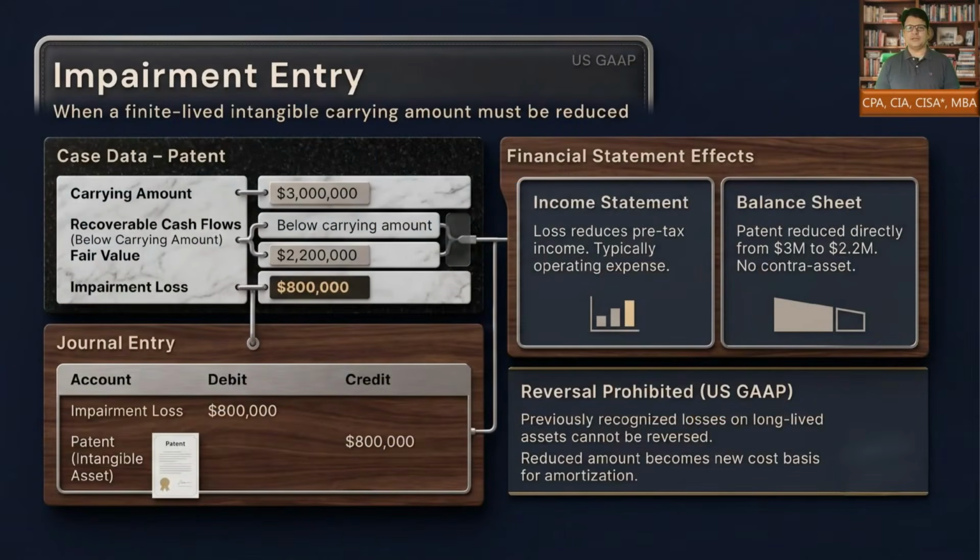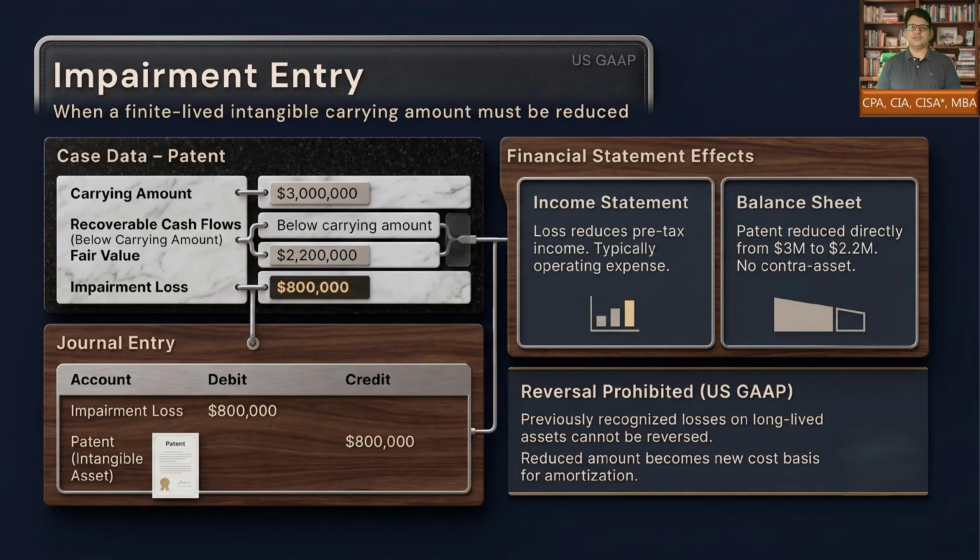Now look at the patent impairment entry. The patent has a carrying amount of $3 million. Recoverable cash flows are below carrying amount, so the recoverability test has failed. Fair value is $2.2 million. Therefore, the impairment loss is $800,000, calculated as 3 million minus 2.2 million.